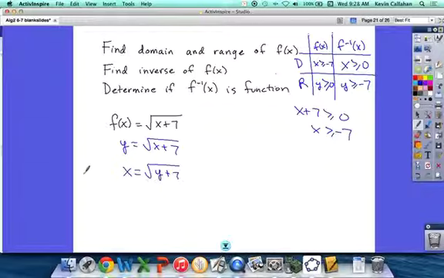So when I do that, I'm going to get x squared equals y plus 7. So I'm almost done. Subtract 7. Y equals x squared minus 7. Okay, so this will be f inverse of x equals x squared minus 7.